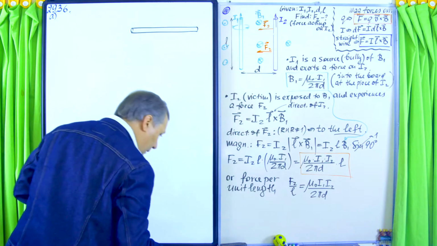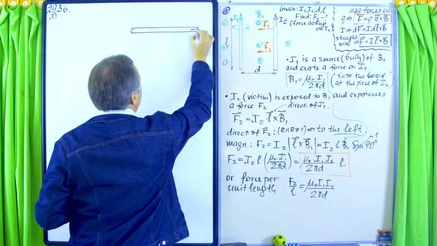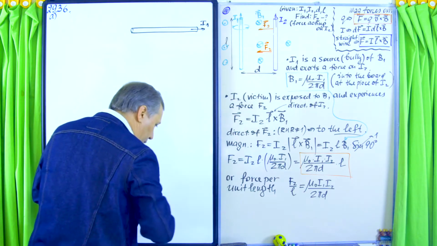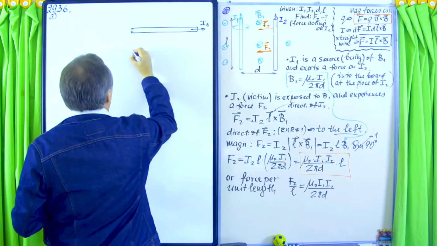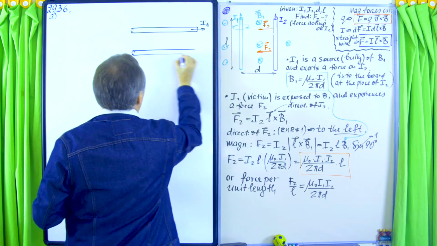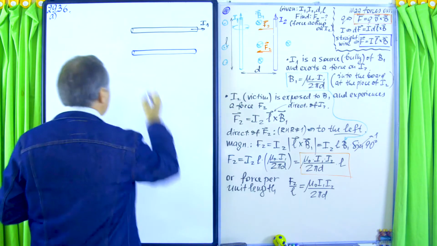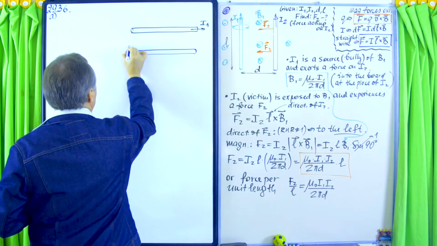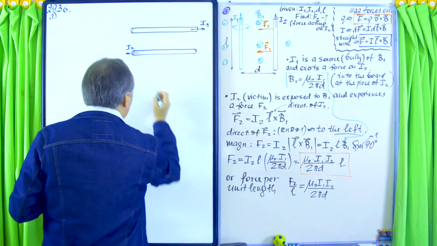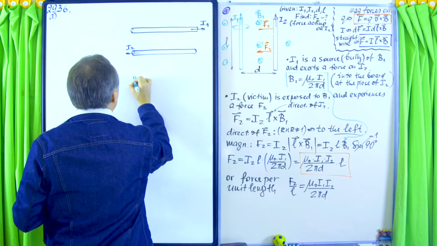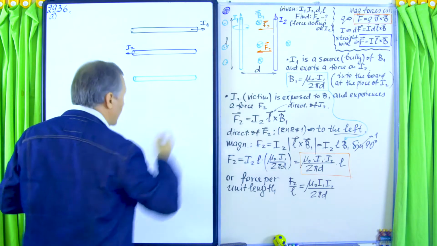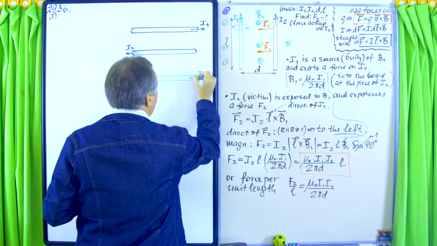So the first wire, current this way, I1. Then the second one, let me use blue color. Current opposite to the first one, so this is I2. And the last one will be here, and current the same as the first, I3.